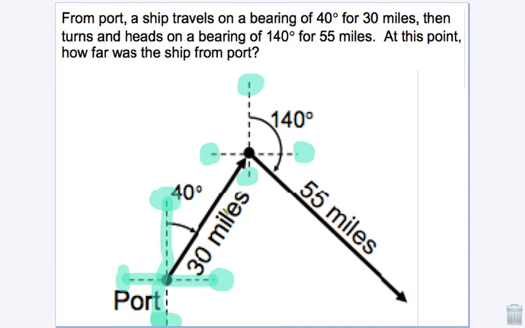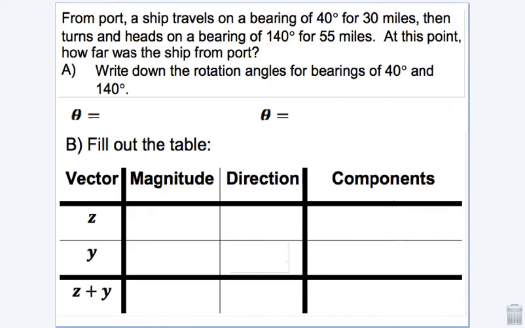Okay, you're going 30 miles, so your magnitude here is 30 miles, and your magnitude here is 55 miles. Okay, on your project, sometimes you will have a table set up for you, and you just have to fill in the missing information. Sometimes you won't, you'll have to fill it in. Okay, so for this problem, first you need to write down the rotation angles for these bearings, the 40-degree bearing and the 140-degree bearing.